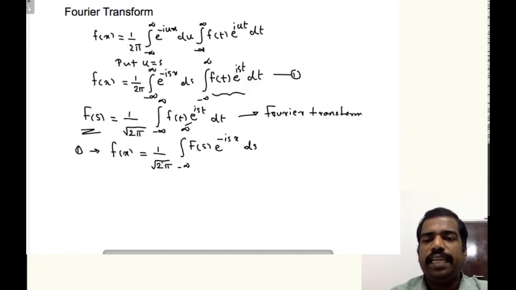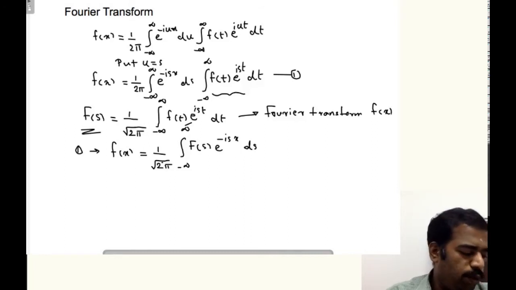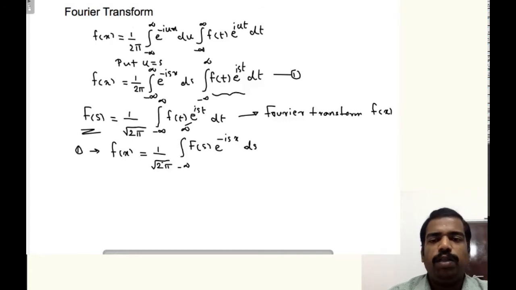So f of s, the expression just given, is the Fourier transform of f of x. In general, for the Fourier transform of a function f of x, don't worry about whether the variable is t, x or u.